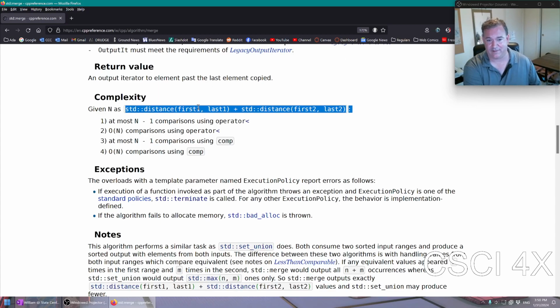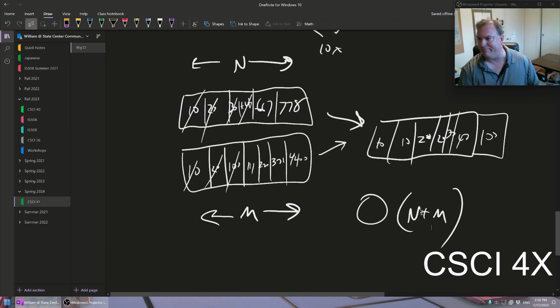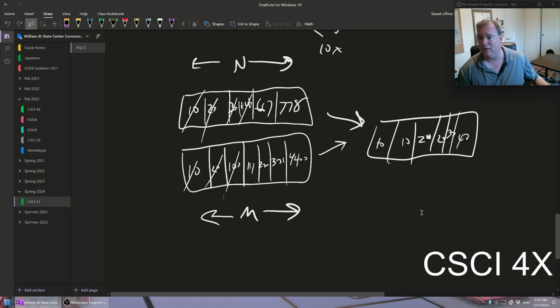So n is the size of the first vector plus the size of the second vector. In Big O, you can have two different letters. If you have two different vectors of different sizes, then n plus m is something that you would see.